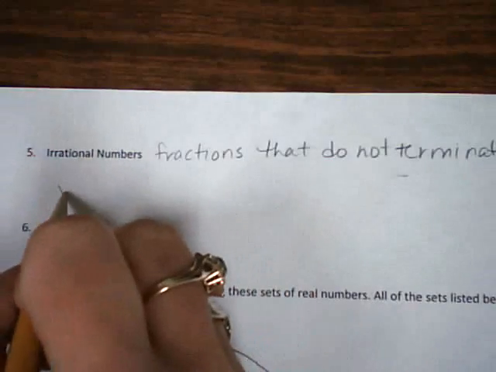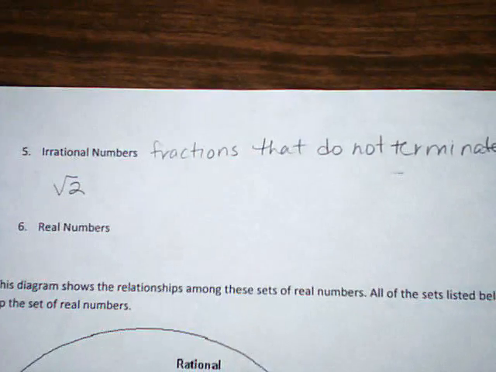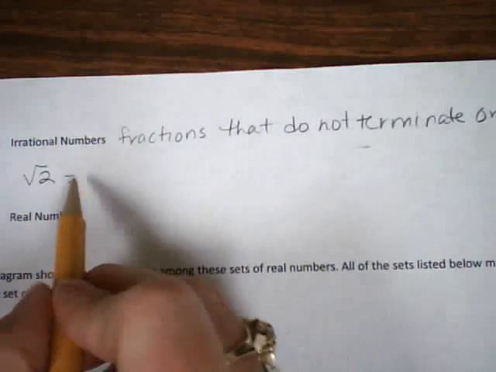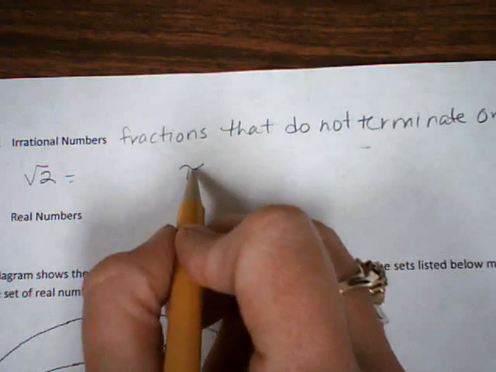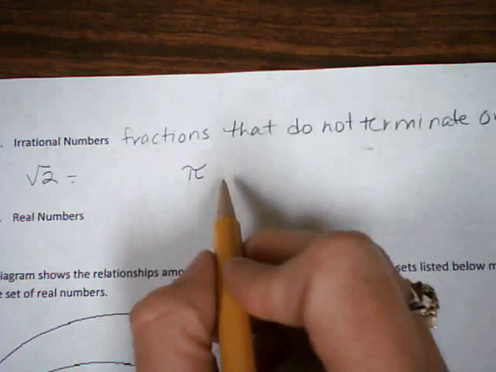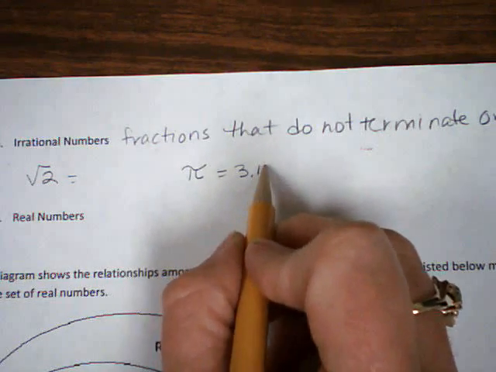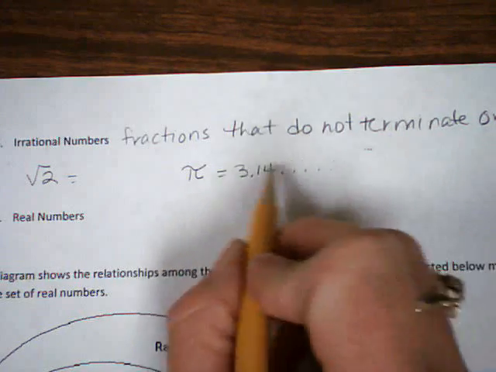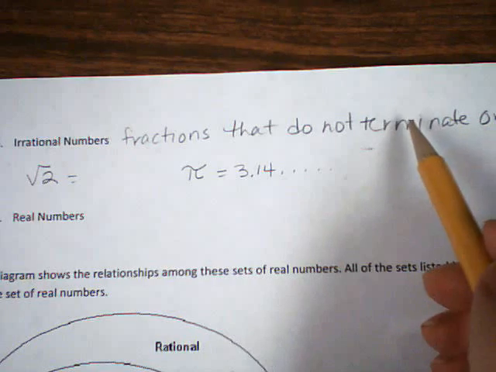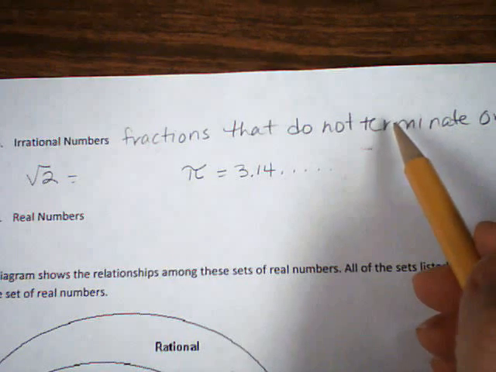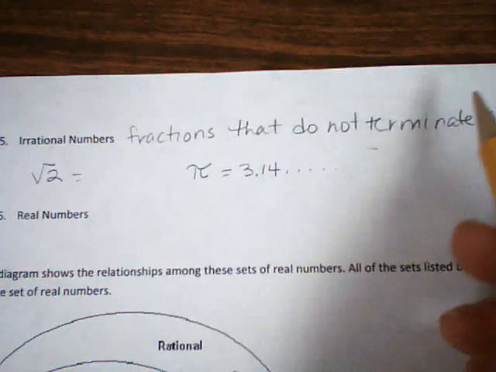For example, the square root of 2. If you were to type that into a calculator, it would give you a long decimal number that would have no pattern to it. Or pi. Typically we say pi is equal to 3.14, but it's actually a very long decimal that does not terminate and does not repeat. A number cannot be both rational and irrational. It has to be one or the other.